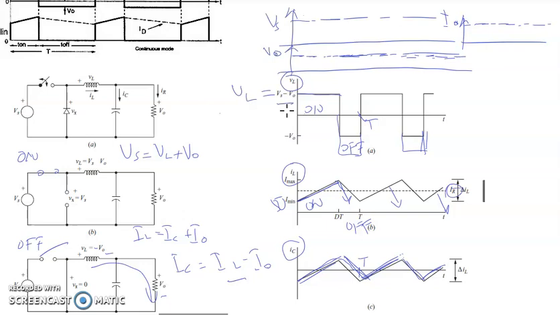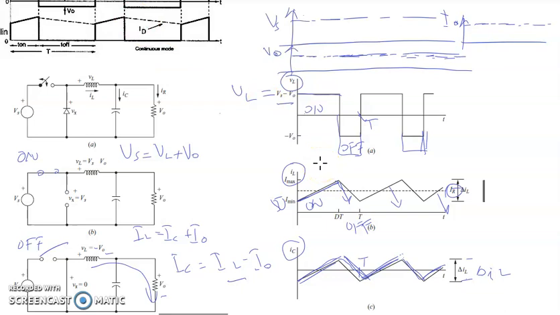And the ripple should also be the same: the maximum value minus the minimum value. So this is your delta IL, and the same as delta IC. Okay, as stated inside the book.